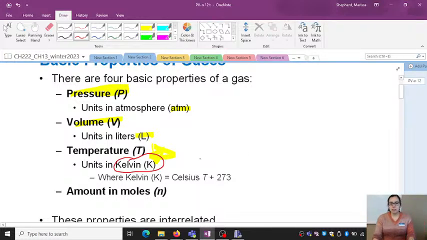Do you guys know what the Kelvin scale ranges from and what it's based off of? I see some no's. Guesses? It's based off of absolute zero. Have you heard of absolute zero? What's absolute zero?